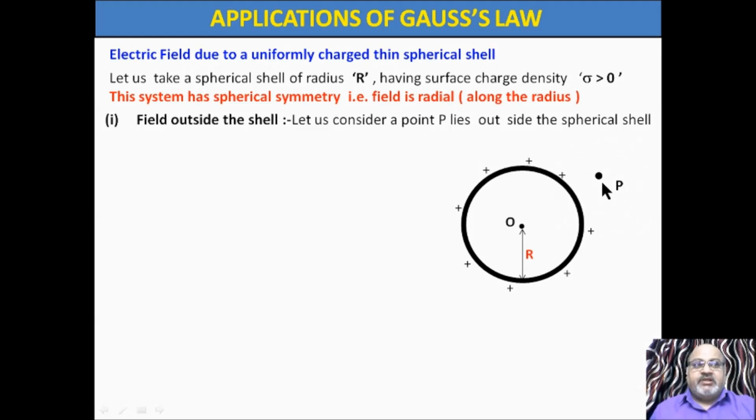Now, first case, to find the electric field outside. This point P lies outside the sphere. You have to find the electric field intensity at this point. This point is outside the spherical shell, at r distance from the center of the sphere.